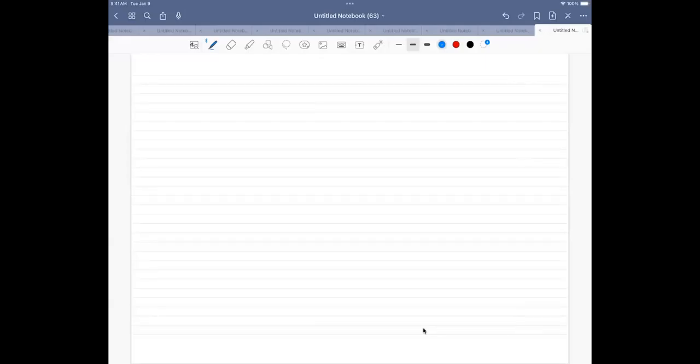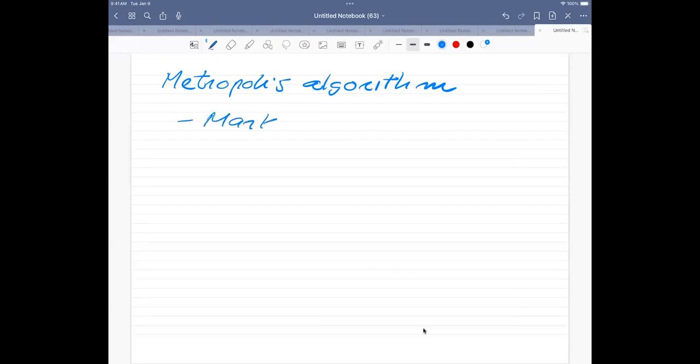Last week, we derived the Metropolis algorithm, and the Metropolis algorithm is based on a Markov chain. So let's quickly remind ourselves of the basics of the Metropolis algorithm. What we have is a Markov chain, and these processes are normally called Markov chain Monte Carlo.